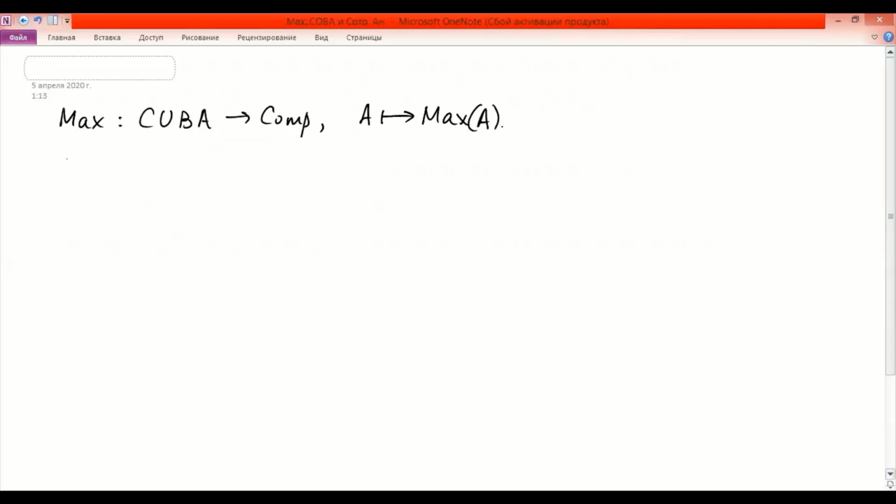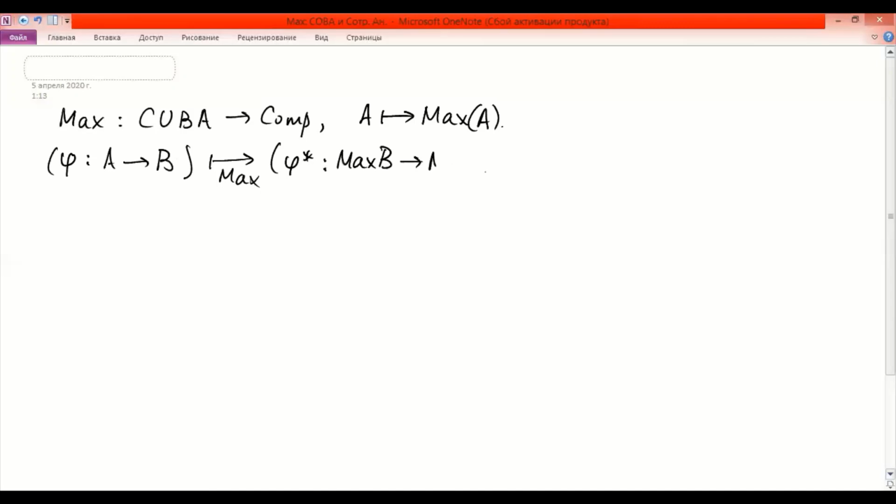Now, if phi is a unital morphism between commutative unital Banach algebras A and B, then our functor max takes phi to the map denoted by phi star, which acts from the maximal spectrum of B to the maximal spectrum of A.